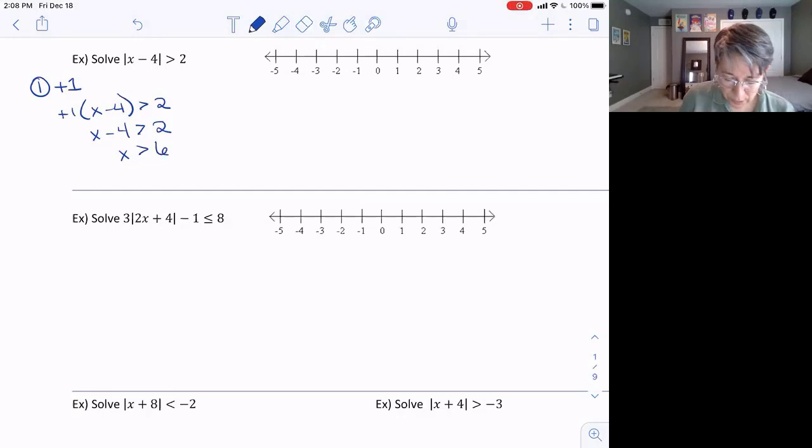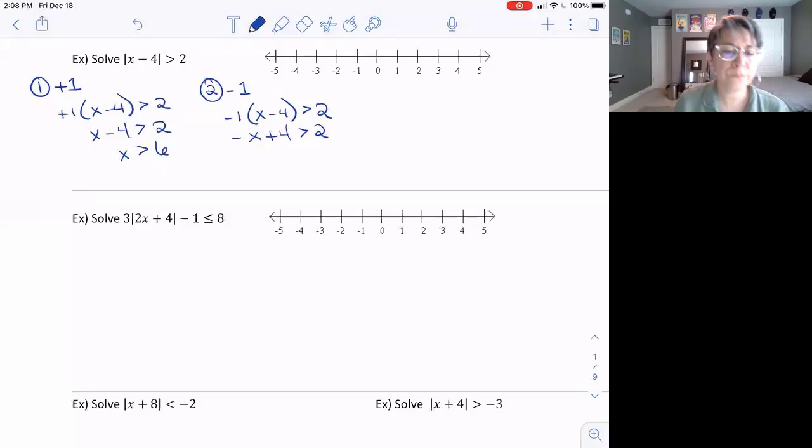But the second possibility is that the absolute value is representing the negative, the opposite. So we're going to distribute a -1. If we do a -1 times the entire inside of the absolute value, that will give us the opposite of x plus 4 is greater than 2.